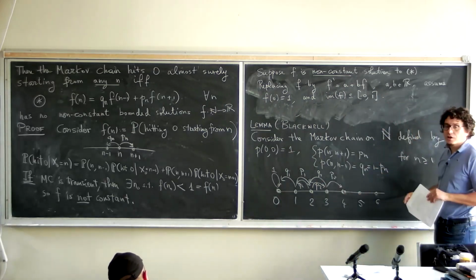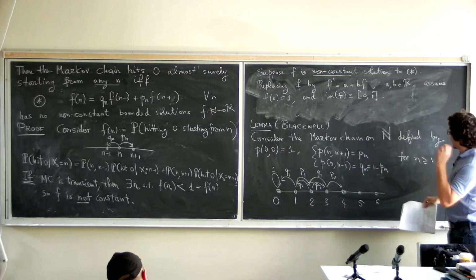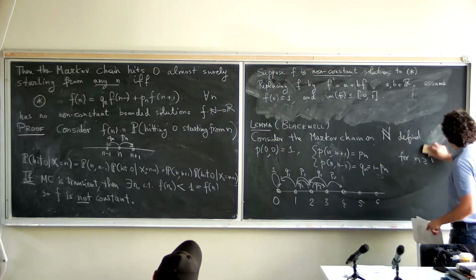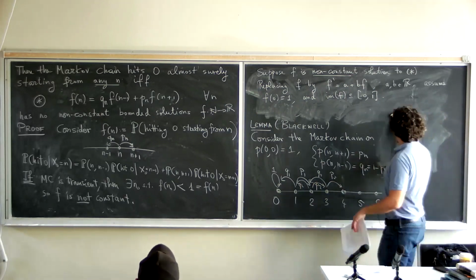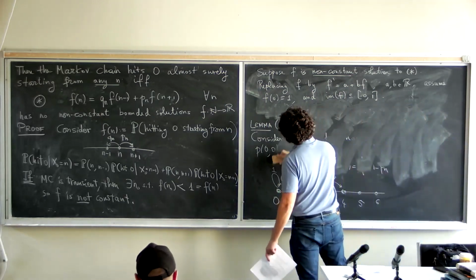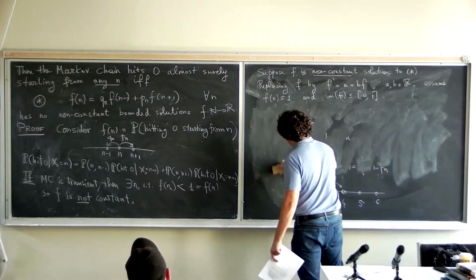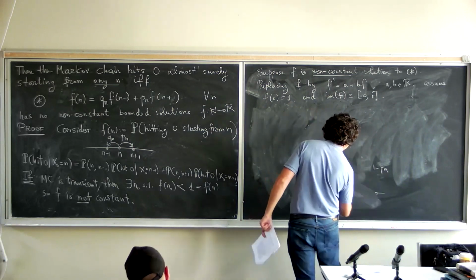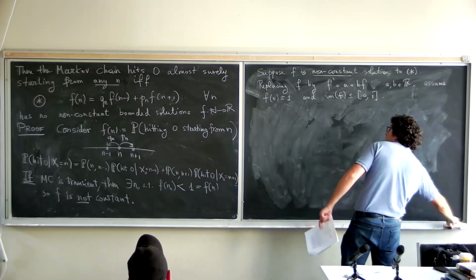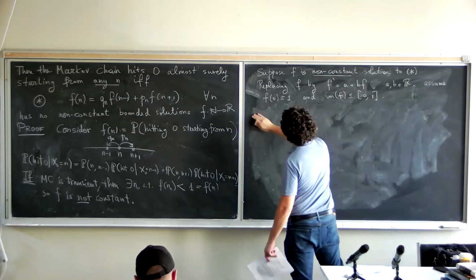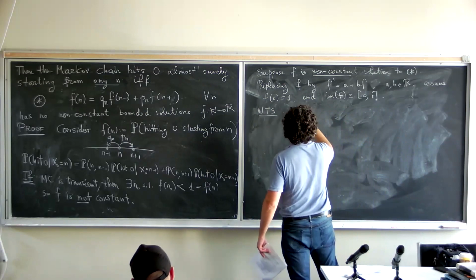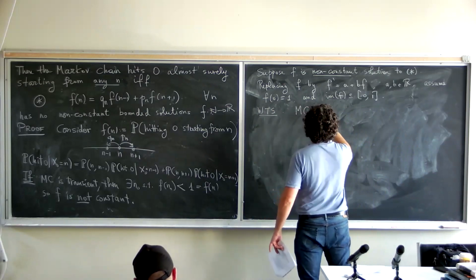Now we want to show that the walk does not go to 0 almost surely. We want to show that the Markov chain is transient.